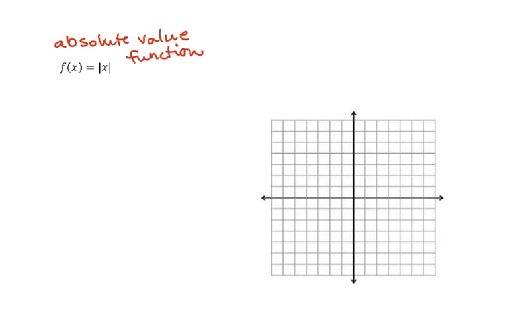And remember, absolute value takes away the positive and negative and just gives you distance from the origin. So I'm going to mark x and y, and then do a table of values just to show you how it's going to work. So I'll do x: 2, 1, 0, negative 1, negative 2.